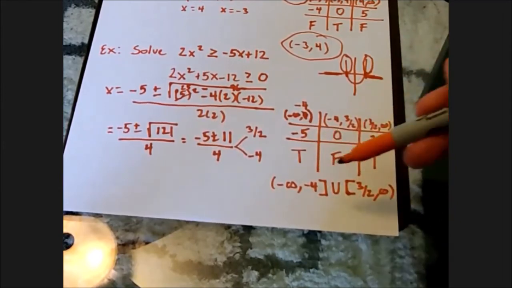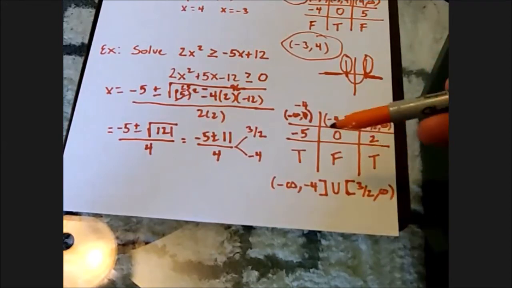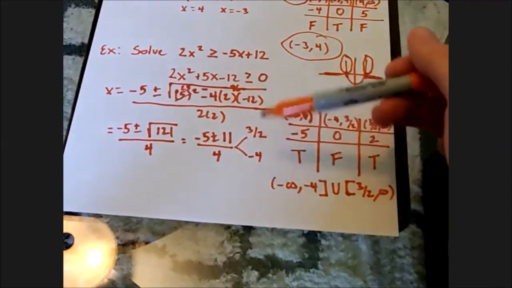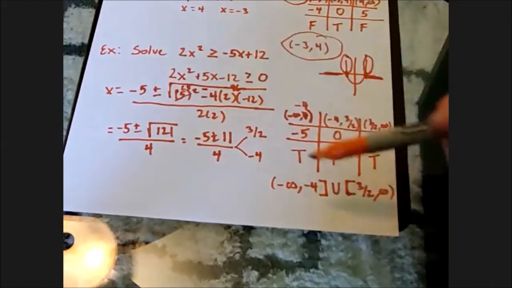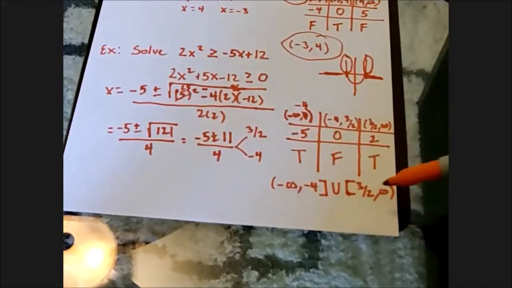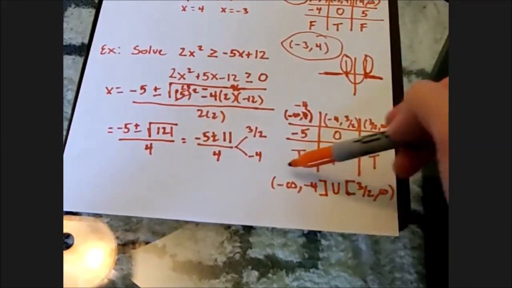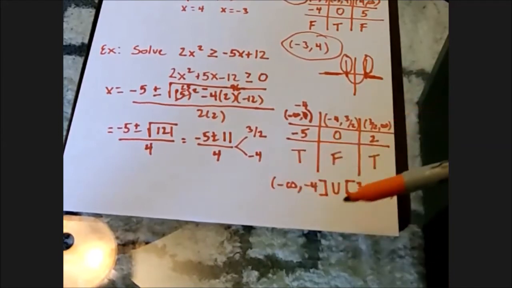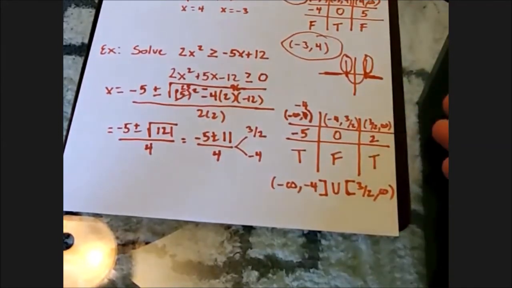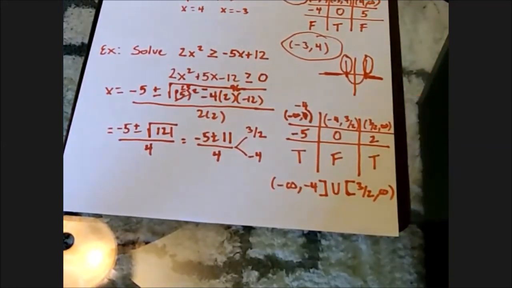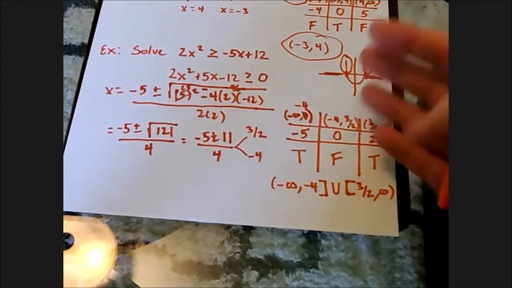Like I said, I will go back and fix this for you, but if it says specifically on what intervals is this true, it's probably looking for them separated with a comma, when in reality, this is the correct answer. If you're like, wow, that counted me wrong, and he said I could do that, be aware I will always go back and fix that for you on tests, so you don't have to worry about that.